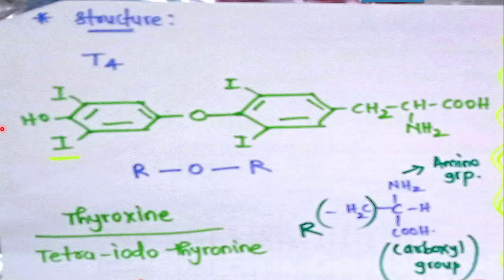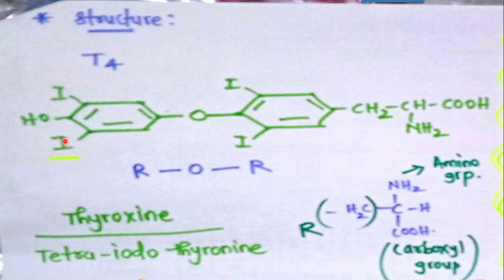If you observe from left hand side towards right hand side, ether and amino acid, 4 iodines is a must, because T4, since this 4 represents the presence of 4 iodines, and the chemical name is tetraiodothyronine. Tetra stands for 4 iodine, 1, 2, 3, 4.